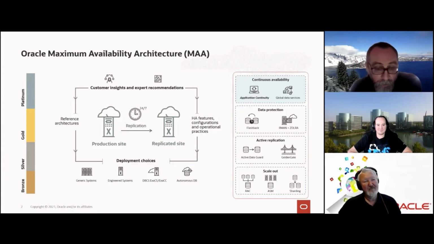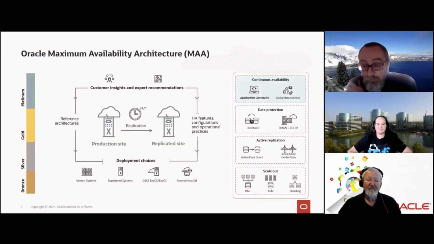Now, I've mentioned rack, and that's true. We're dependent on the availability of the data. It has to be there, hence the MAA architecture and the stress we place there. So your production site would be a rack system, providing local high availability of the data, and the replicated site, which is a standby, an Active Data Guard, again for availability and disaster recovery.